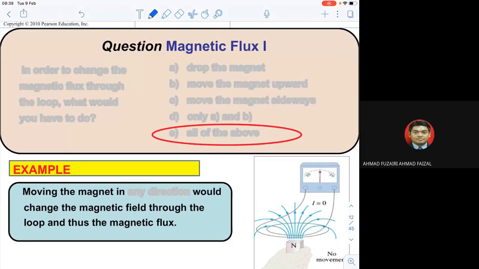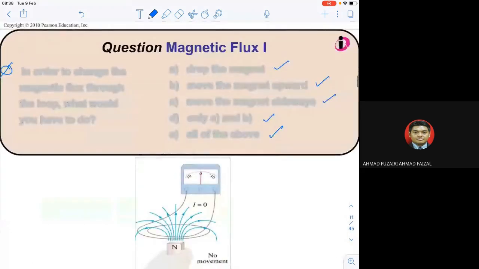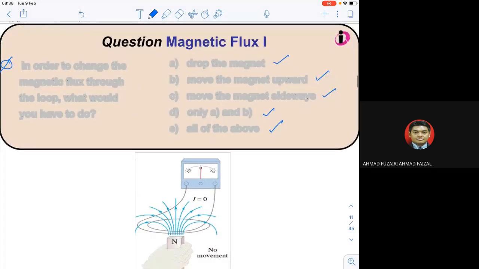So that means when you are moving the magnet sideways, from here to here, that is also considered as changing the magnetic flux. Because when you have a loop, we know this is the magnetic field, but magnetic field that falls in the area is called magnetic flux.